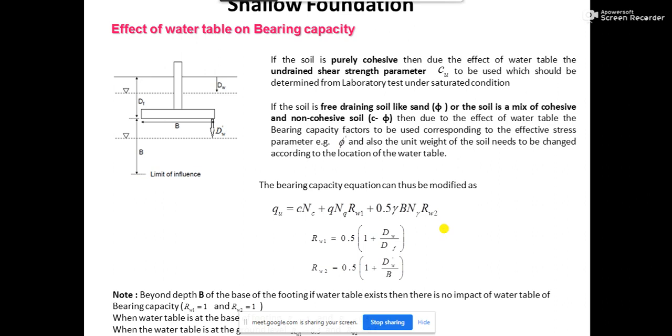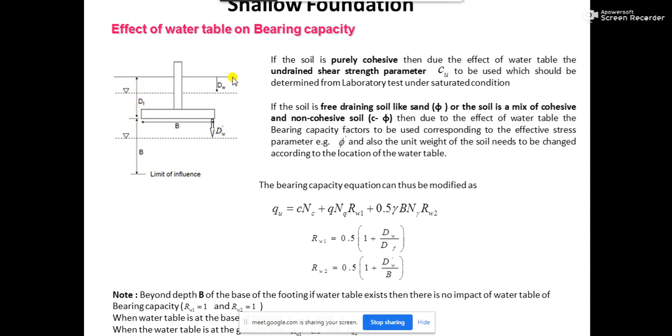Next, suppose you are told that the water table is at a depth of 2 meter below the ground level. Where is the water table in that case? From here to here it is 1 meter, and from here to here it is 1 meter.